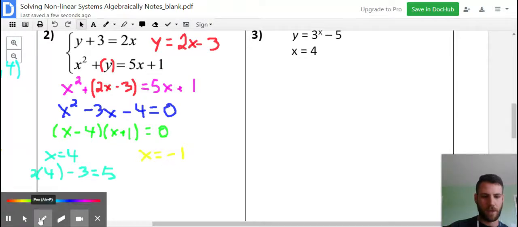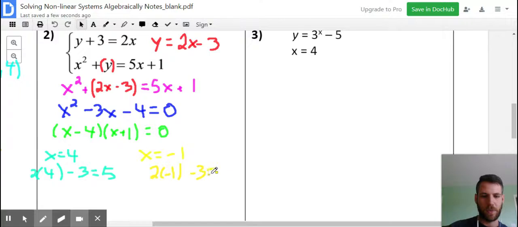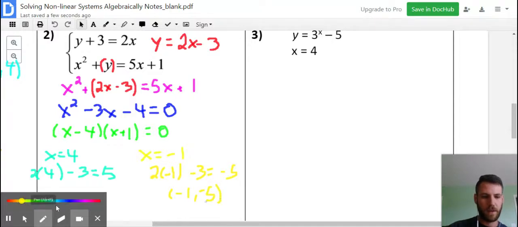And then on the right, for our second x value, I will do 2 times -1 minus 3, which is -2 minus 3, and that gives me a -5. So this point where the system intersects is -1 and -5. And on the left side, I would have 4, 5.